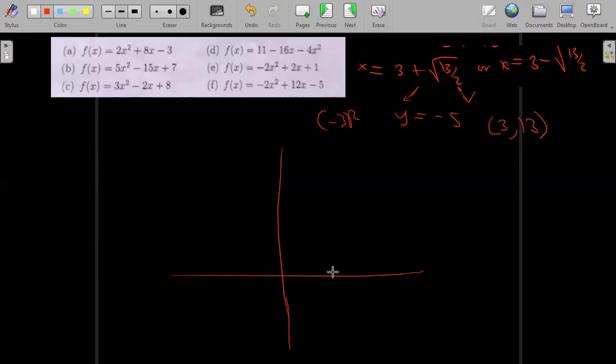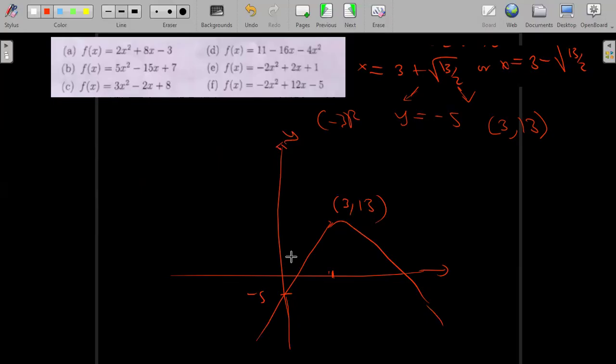If my 3 is here and my 13 somewhere there, this will come and cut somewhere like that. Then this is your graph, y there, that's going to be 3, 13. That's your negative 5, and these are those points which we are up there.